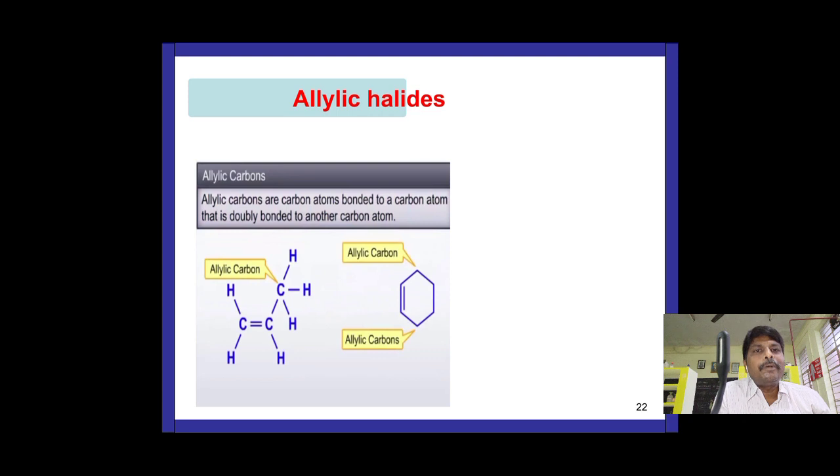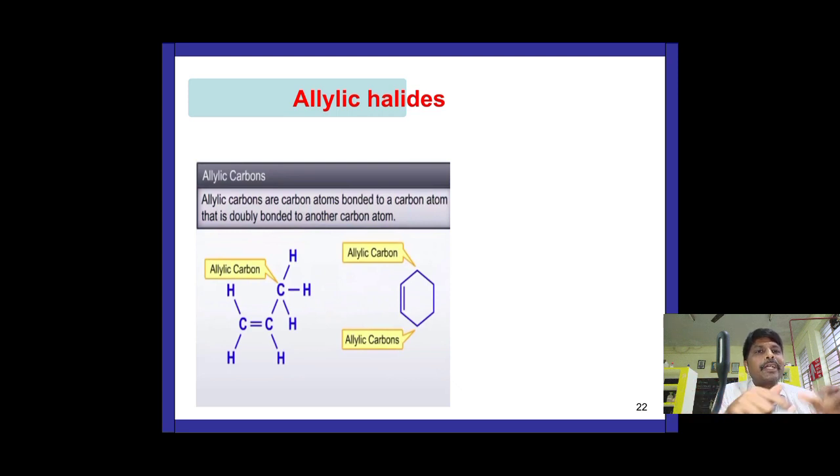For a group which acts as allylic, a minimum of 3 carbons are required. So the first carbon is the allylic carbon, that is attached to one carbon. That carbon is again attached to one double bonded carbon. Then only it is called allylic.